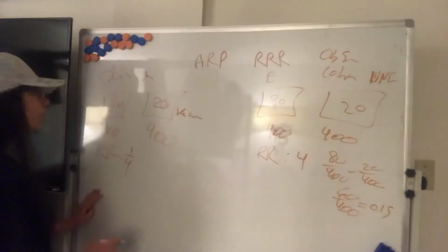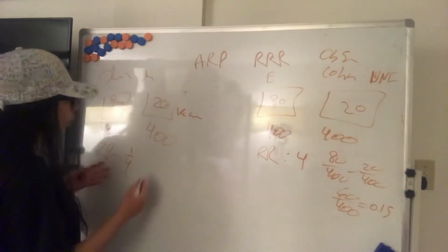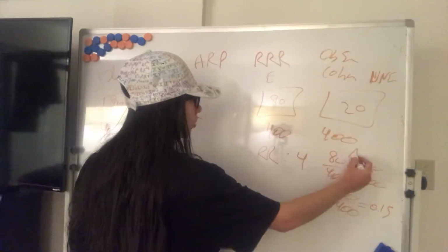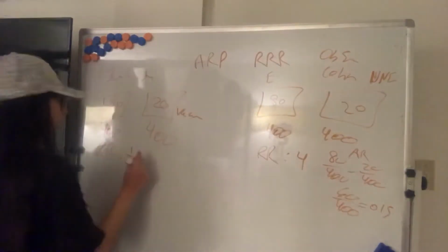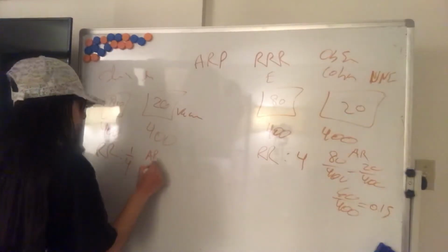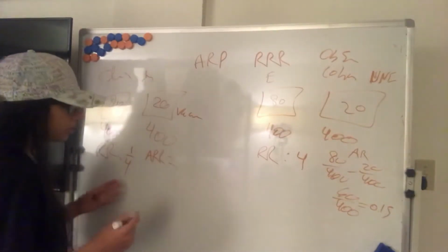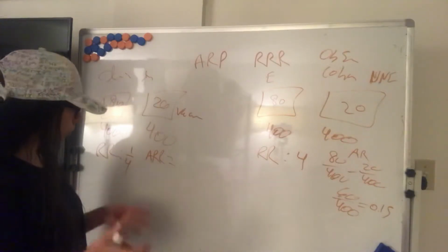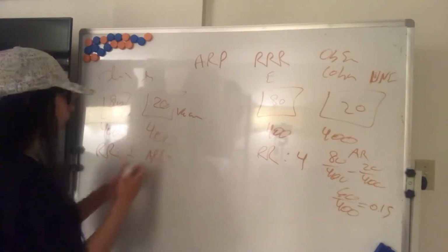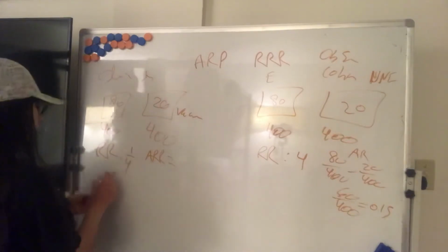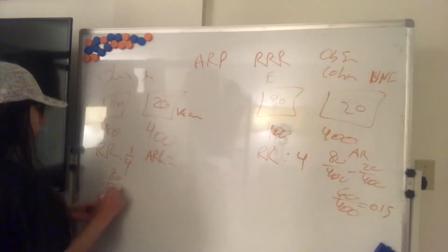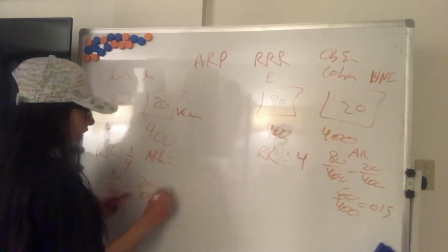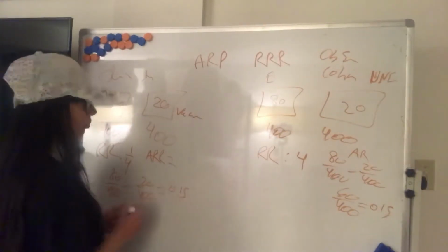And here we don't talk about attributable risk; we talk about the attributable risk reduction. That is exactly the same. This is how much reduction in risk I can attribute to the intervention. So again, it would be 80 out of 400 minus 20 out of 400. Again, 60 out of 400, 0.15.